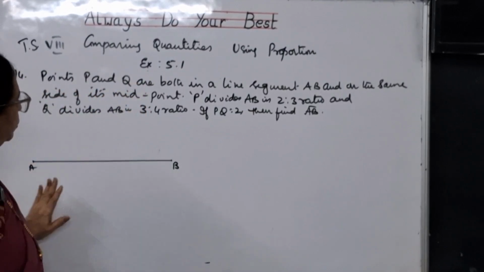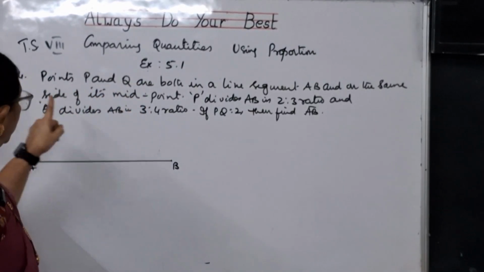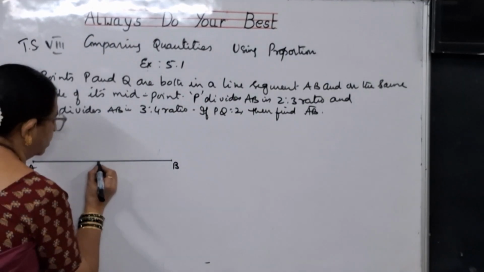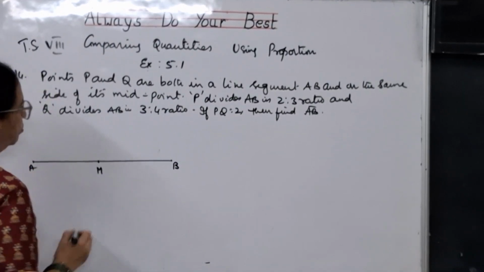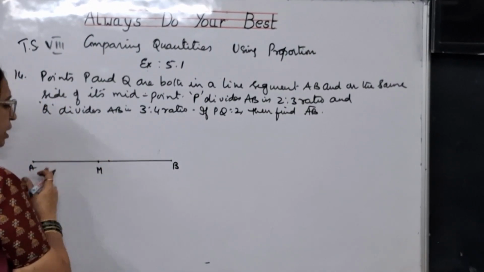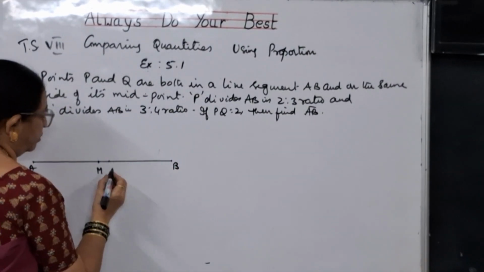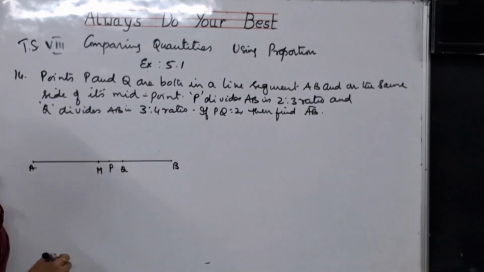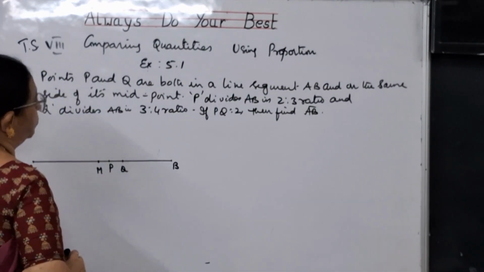P and Q are both on line segment AB and on the same side of the midpoint. Let me take M as the midpoint. Same side means right side or left side, but we will take the right side. So P is here, Q is here.